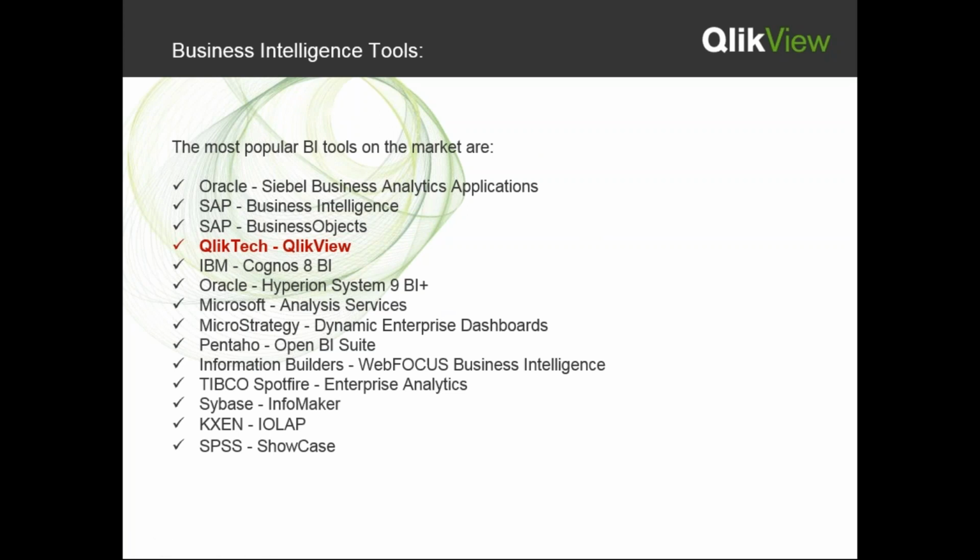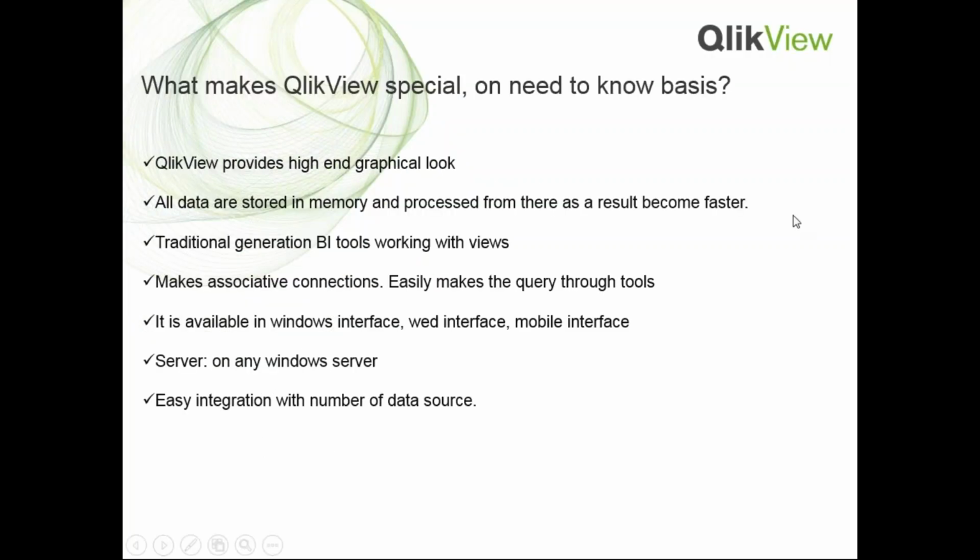But why are we using QlikView? What is the unique selling point of QlikView? So let's see. These are the utmost features of QlikView as compared to other BI tools.